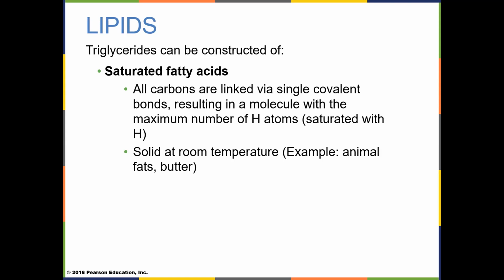If you ever looked at a label on an oil, or the ingredients on any food item, it will tell you the type of fats there are. Are they saturated or unsaturated? If it's a saturated fat, it'll have X number of grams and calories.